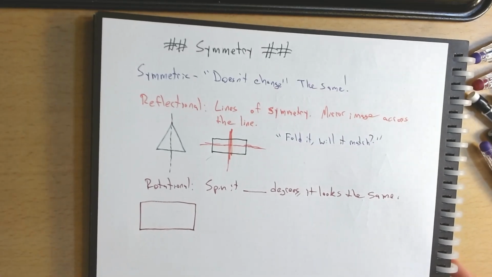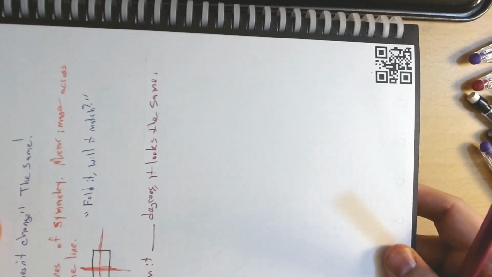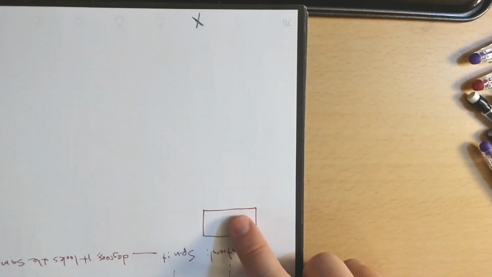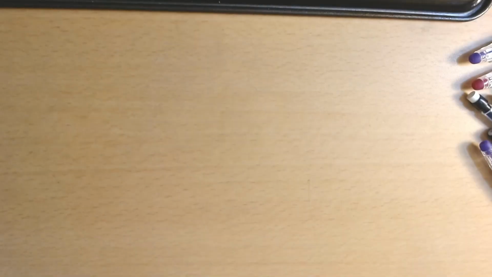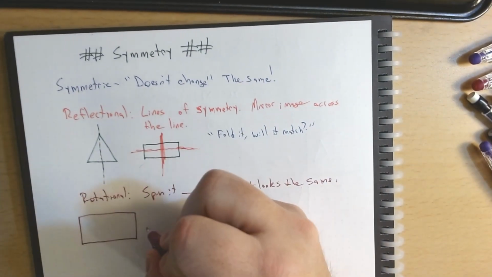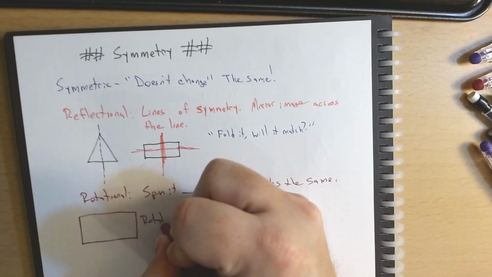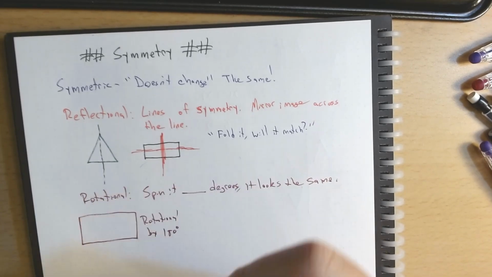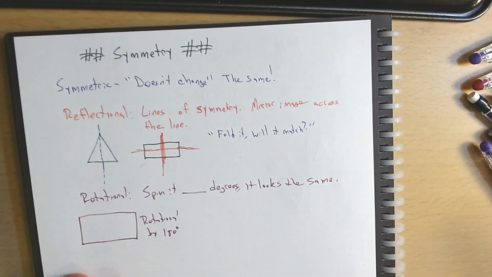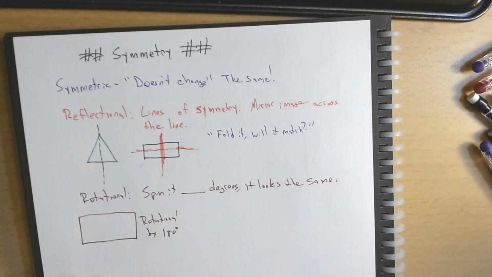So for a rectangle, 90 degrees is not the same. But if you do 180 degrees, it looks exactly how it did when we started. So a rectangle has rotational symmetry by 180 degrees.